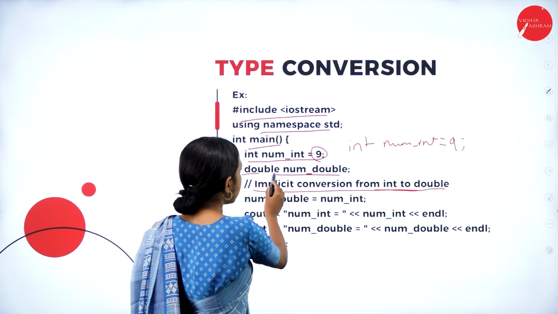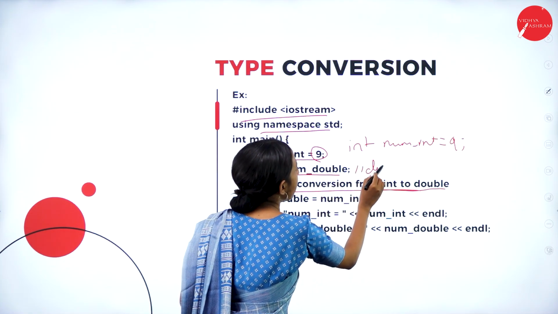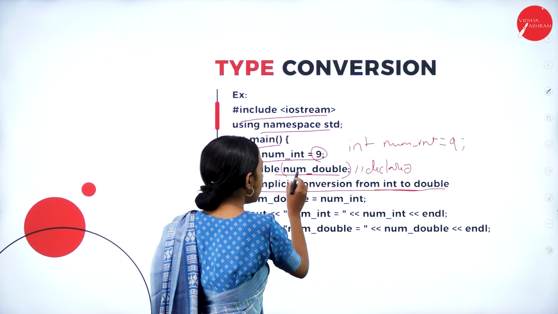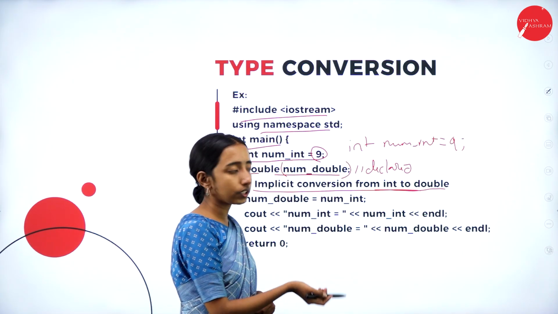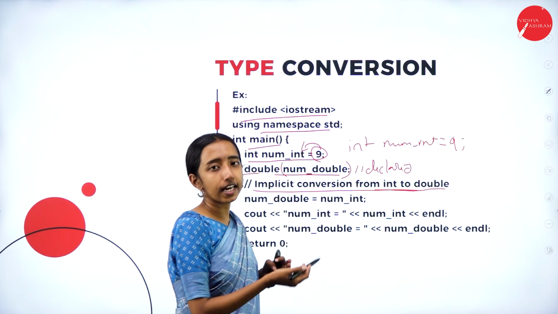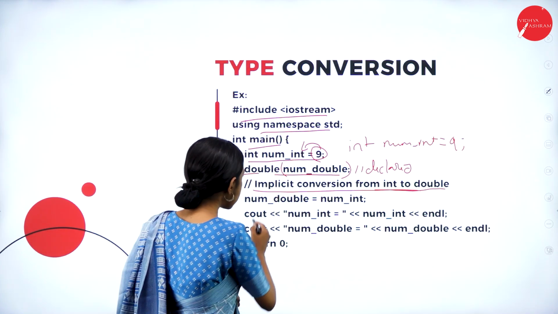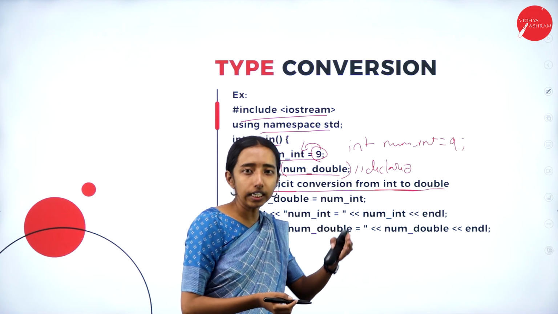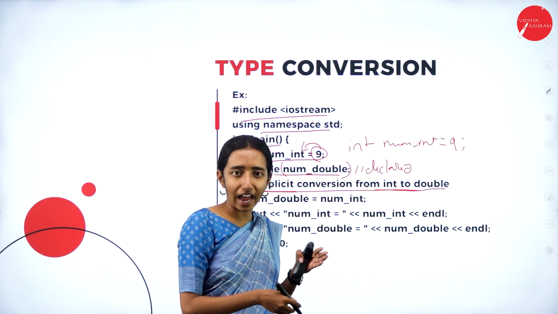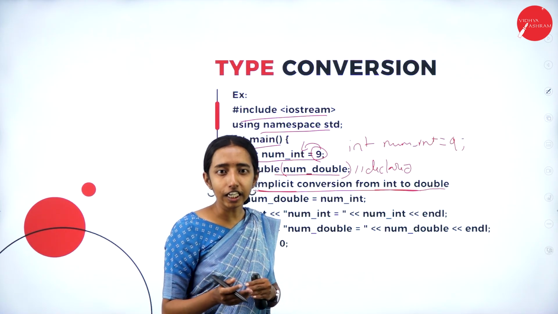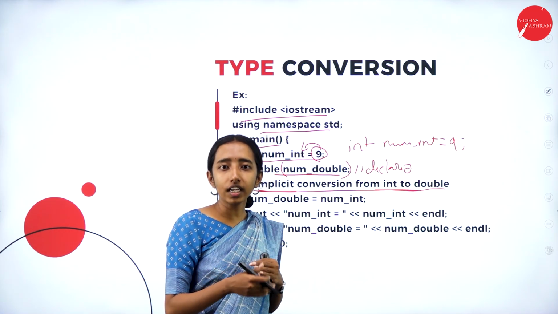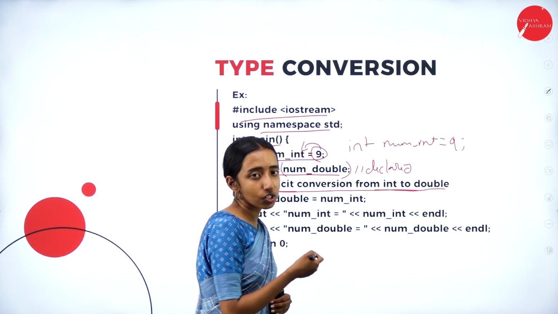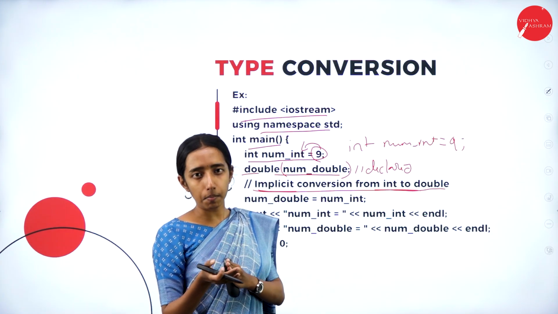I have just declared a variable, that is num_double, and I am assigning the value from num_int of data type int. So in implicit conversion from int to double, the smaller data type gets converted automatically to the data type that has a larger size. So int has a small size compared to double.